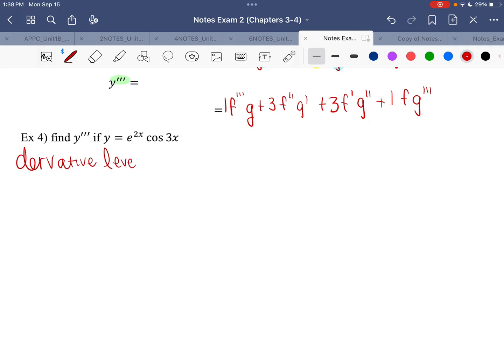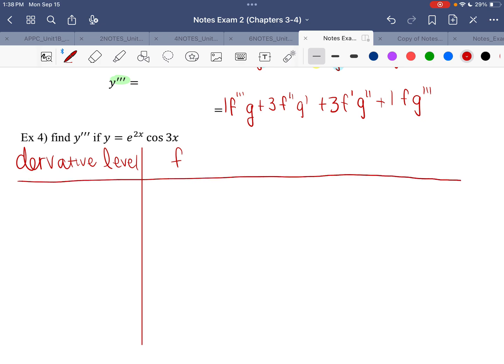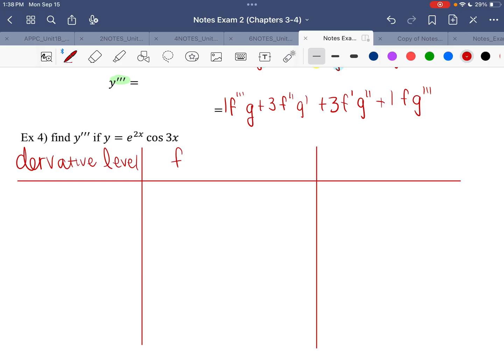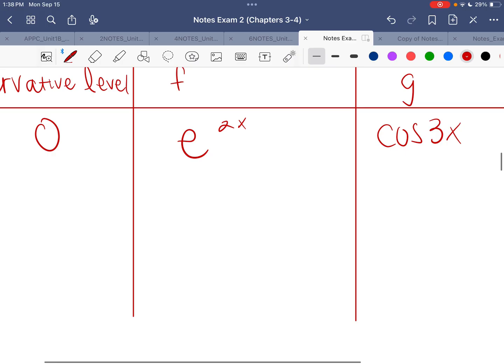I like to make a little table for these. Okay, so starting how it originally looks, e to the 2x and cosine 3x. We're just taking the derivative of each of these respectively and not actually doing the product rule.